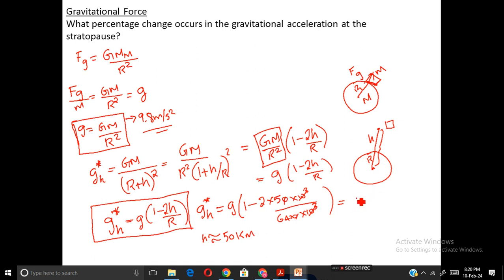So g into (1 minus 10 by 640). This will become g into (1 minus 0.015).